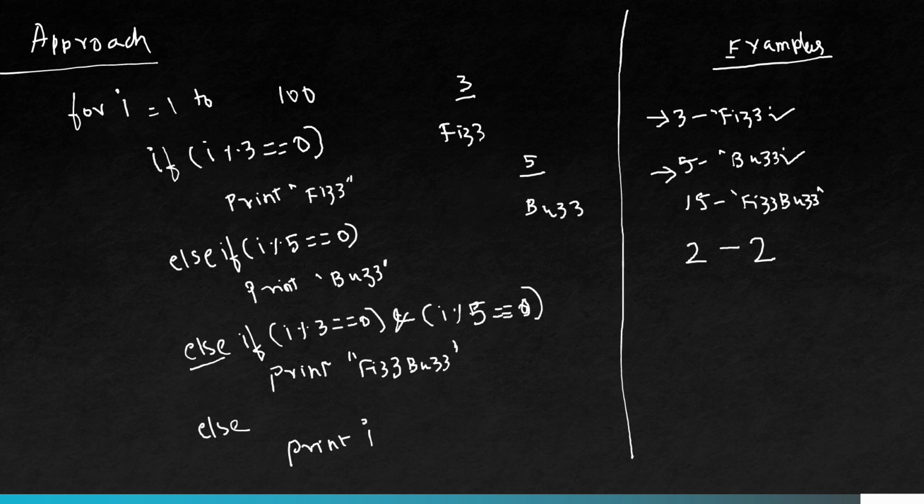So does this mean our code is completely correct? Not until we have exhausted all the test cases or the examples that we have identified. So let's evaluate this for 15. So 15 is divisible by 3. So we would print fizz.